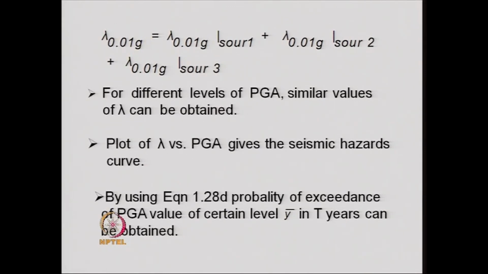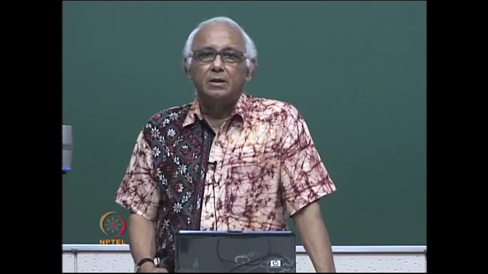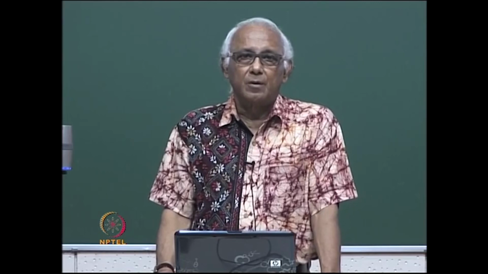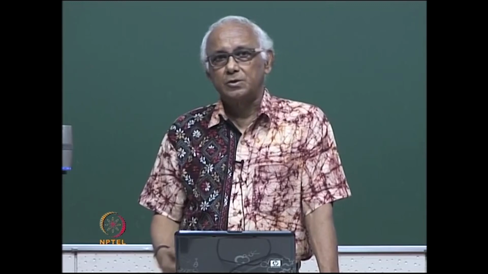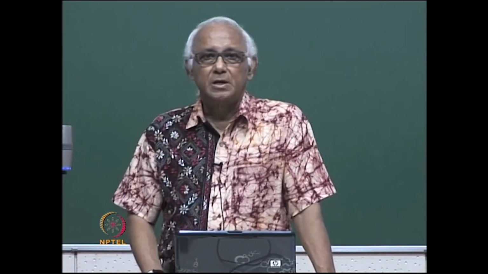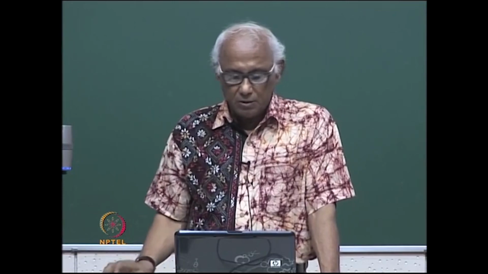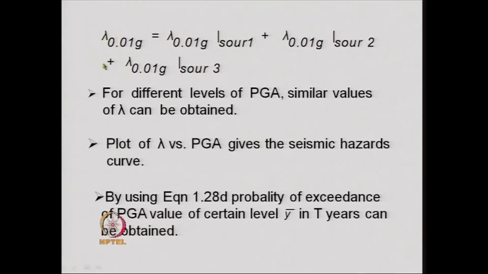Next we can consider a peak ground acceleration level of 0.02 g, then 0.03 g, then 0.04 g and so on. For different levels of peak ground acceleration, we can find the lambda value, and this lambda value can then be plotted against the different levels of peak ground acceleration. This will give a curve, and that curve is called the seismic hazard curve for peak ground acceleration for the region.